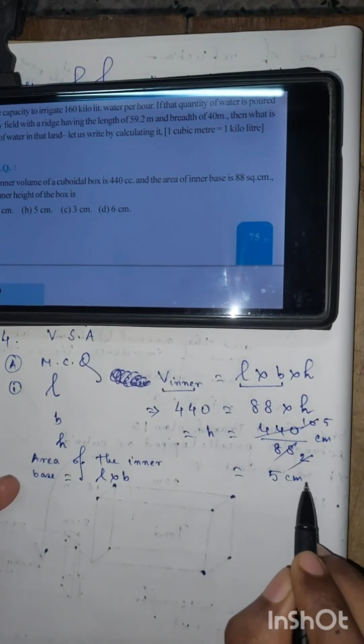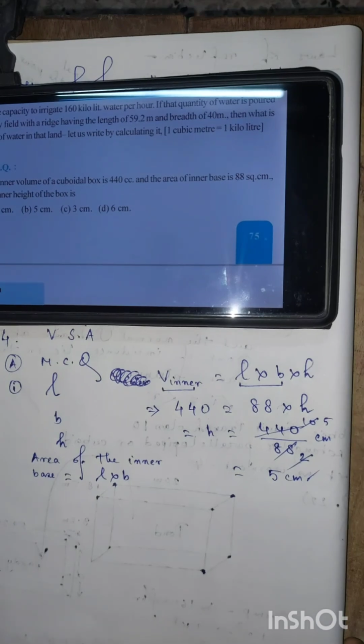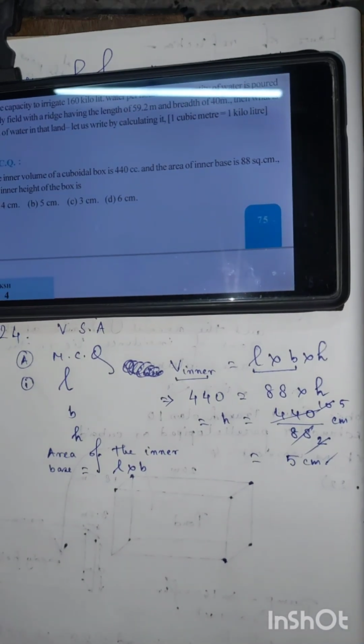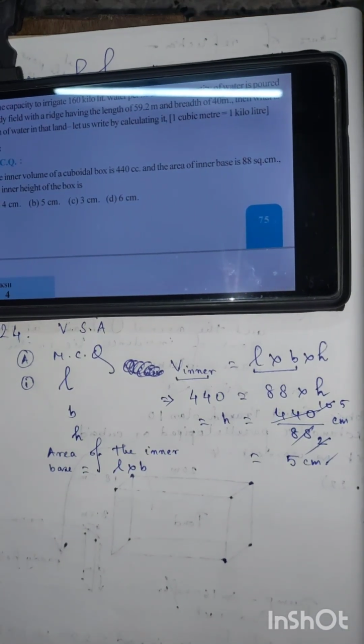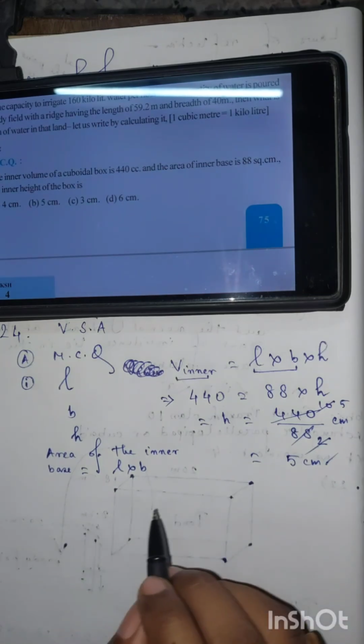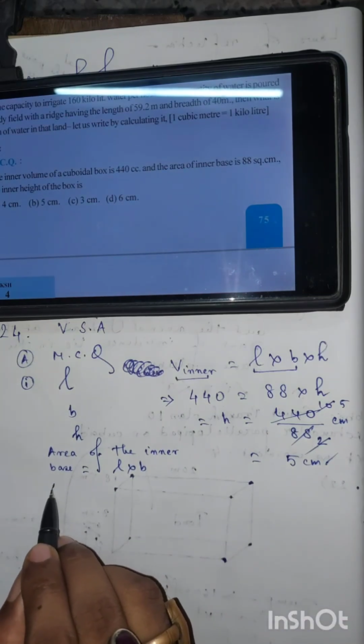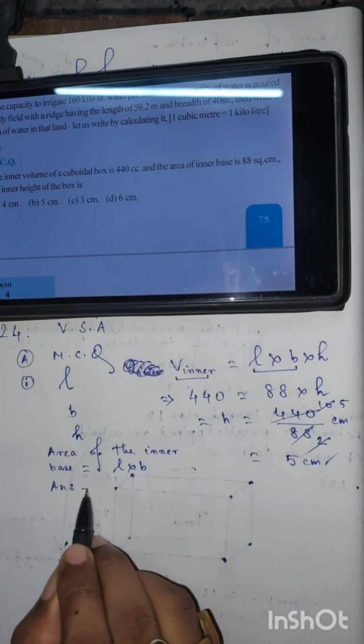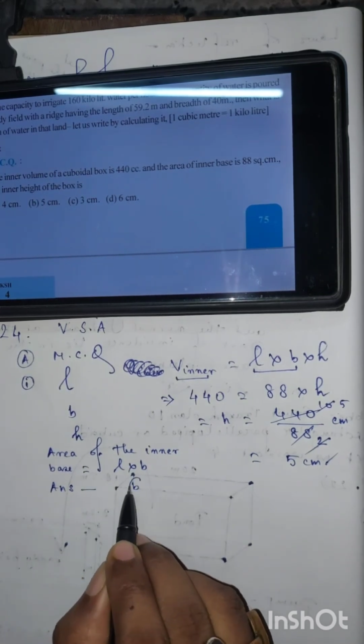The answer is 5 centimeter. So option B is correct. So answer should be option B.